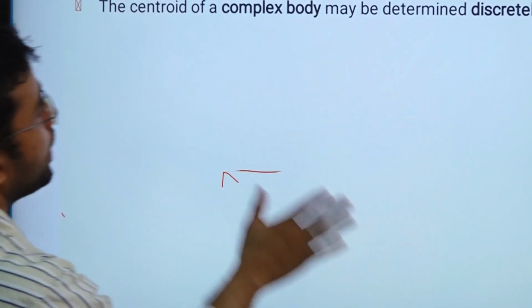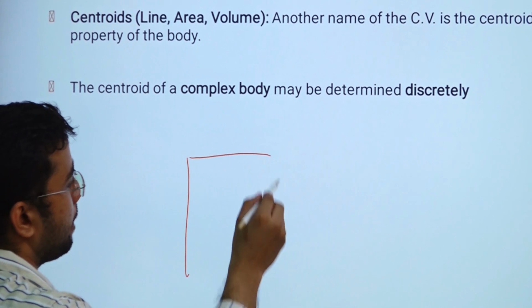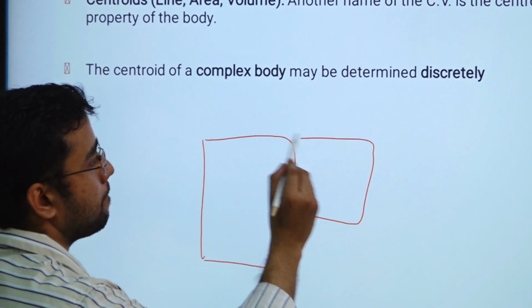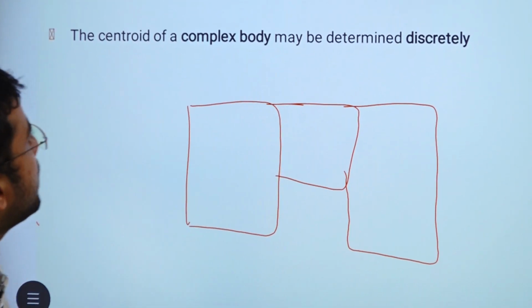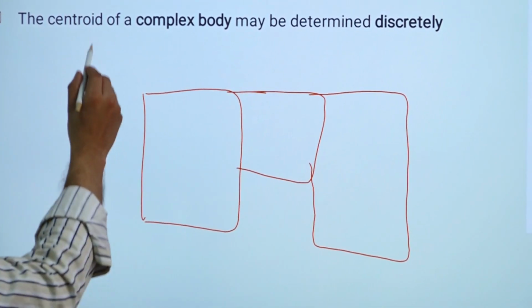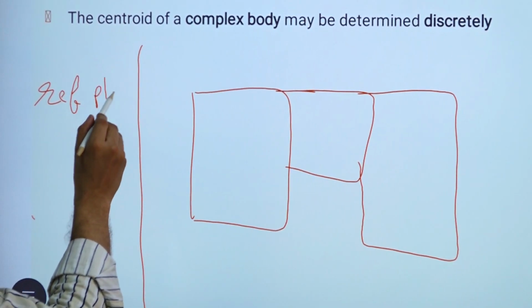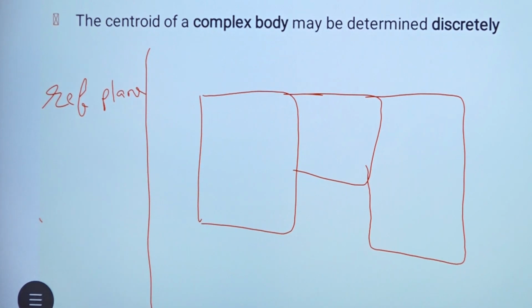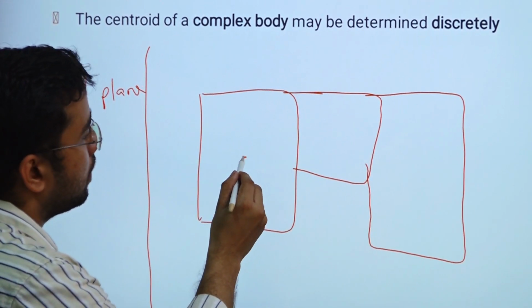Suppose we have a complex body. Okay. Suppose we have this body, and we have to find the centroid of the whole body. Then how are we going to find it? First we are going to consider one reference plane. Then we are going to find the individual centroids, of this section and this section.